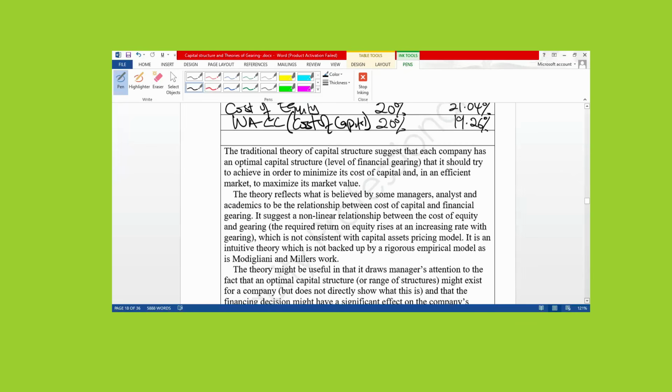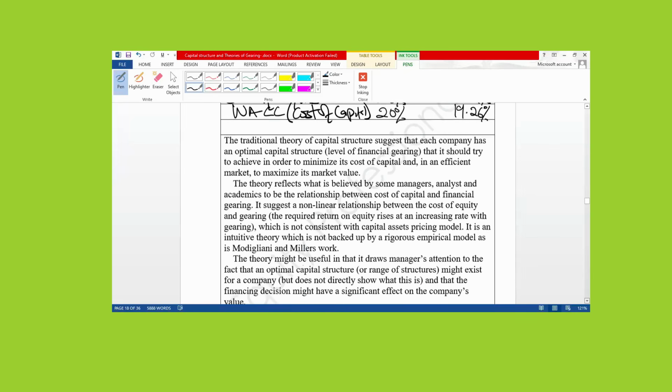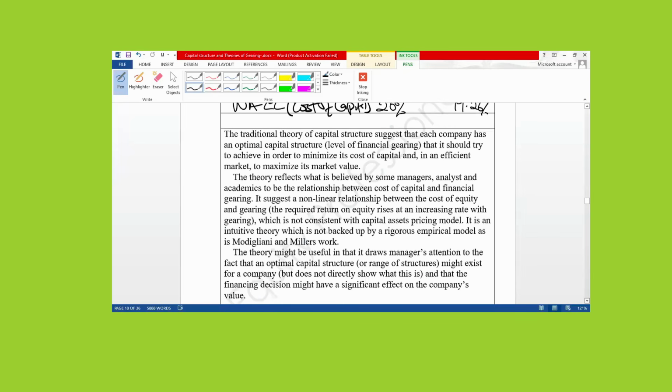The theory might be useful in that it draws attention to the fact that an optimal capital structure might exist, and that financing decisions might have a significant impact on the company's value.